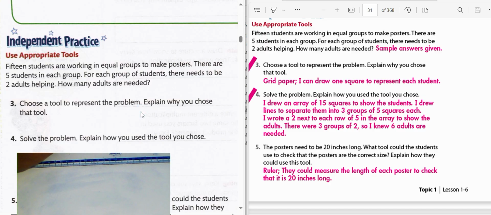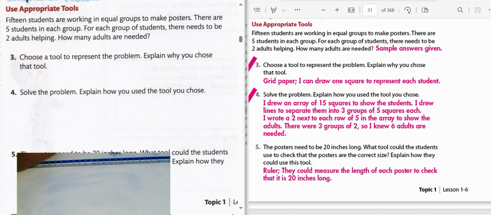Question number 4. Explain or solve the problem. Explain how you use the tool you choose. I draw an array of 15 squares to represent the students. I draw a line to separate them into 3 groups of 5 squares each, and I wrote a 2 next to each row of 5 in the array to represent adults.